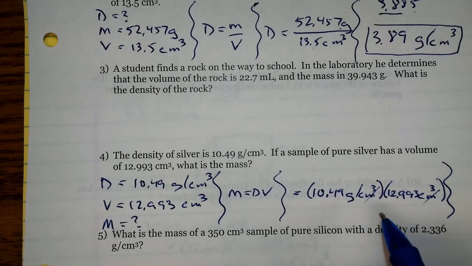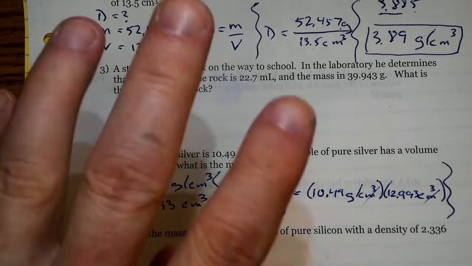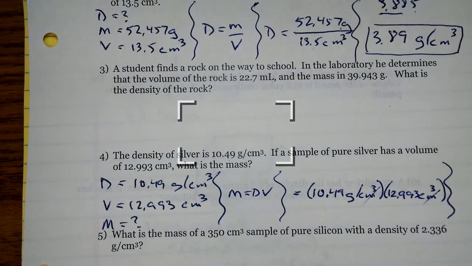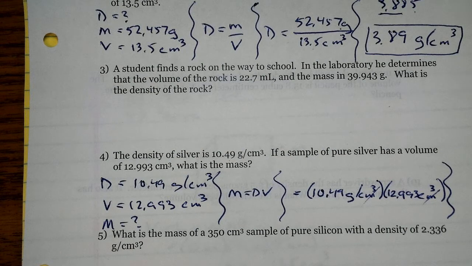So you're going to be in grams, and how many sig figs are we going to have? 4. Okay, so let's do the calculator deal again. So we got 10.49 times 12.993.